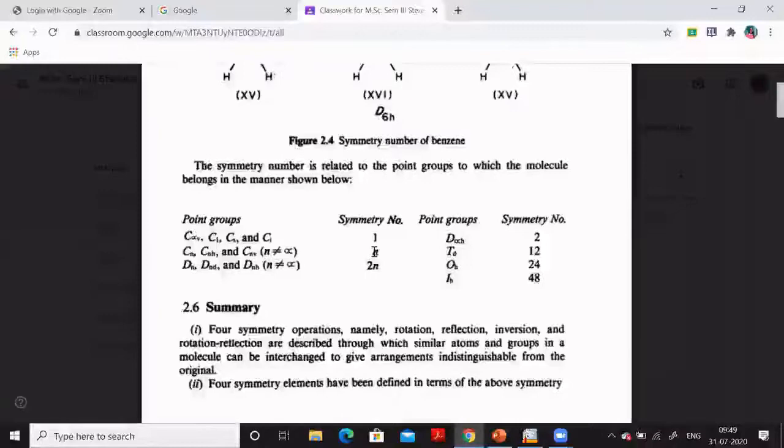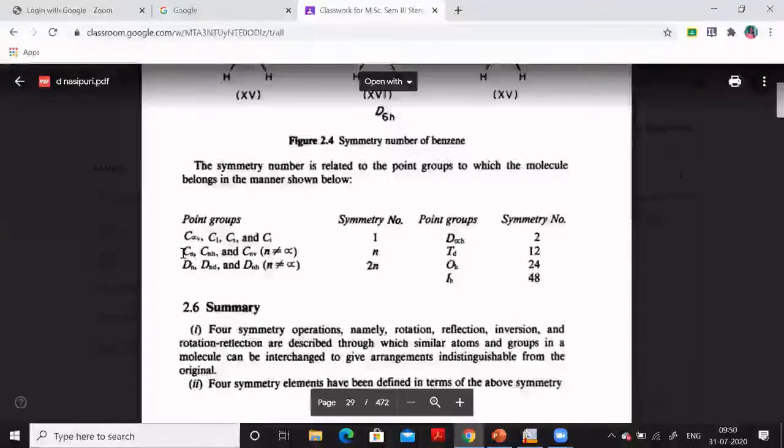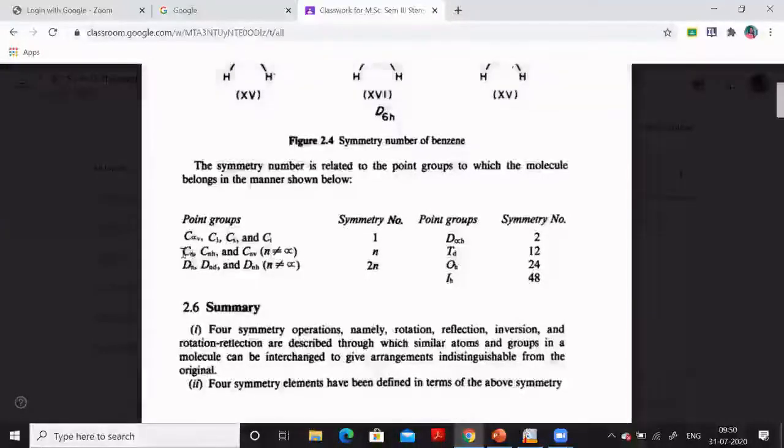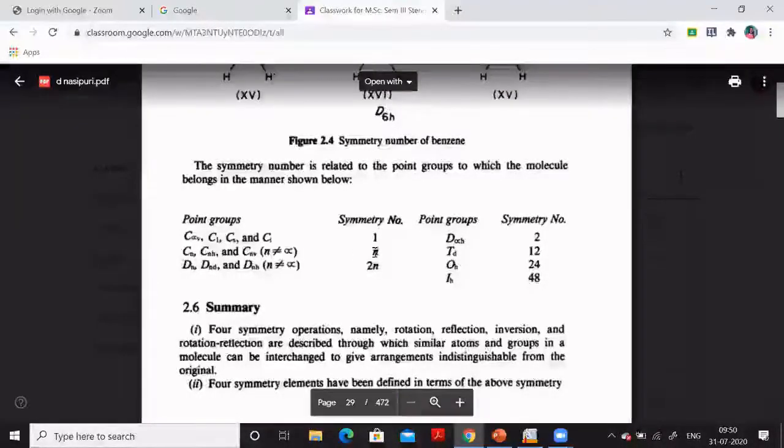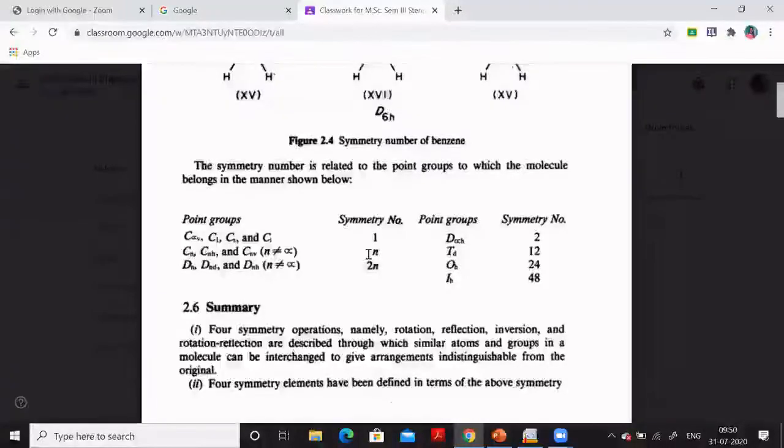Now this symmetry number, we are going to use further for some calculations. We are going to study the properties of molecules, and when you study molecular properties, at that time you need this number. Right now just remember, the cis Decalin has point group C2 and the trans Decalin has point group C2H. Therefore, both of them have the symmetry number 2.